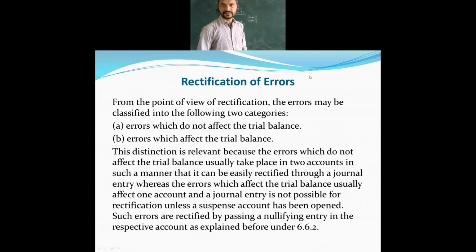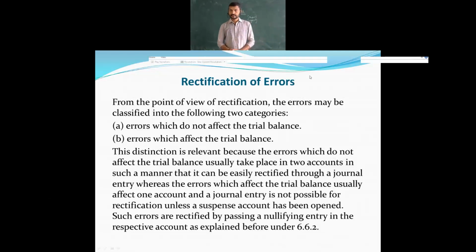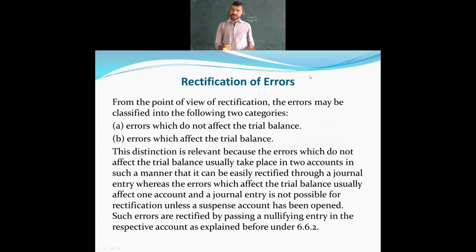Just like we have discussed the errors, it is partly omission or completely omission, means only a specific one entry if you are missing. Just like purchase of goods of rupees 15,000, if you miss it, it is a complete error in the purchase book. When you have passed the journal entry, purchase account debit to cash account, and you have not posted to the purchase account, it means it is partial.